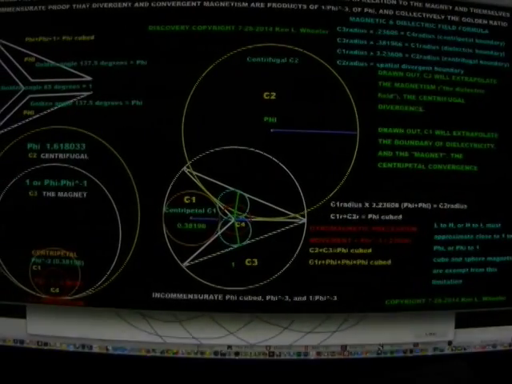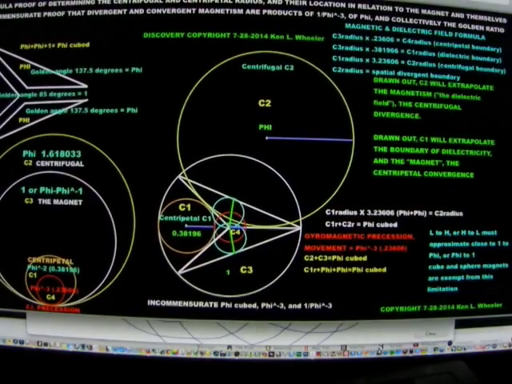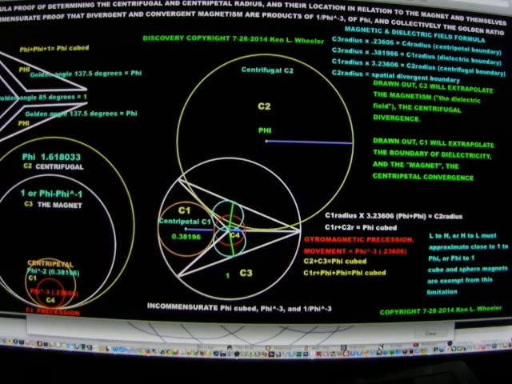This formula, first time you've ever seen it, is very, very simple. If you know your magnet radius, all you have to do is multiply that times phi to the power of -3 to get your C4 radius. You take your C3 radius and multiply that times phi to the power of -2. That gives you your dielectric boundary radius.